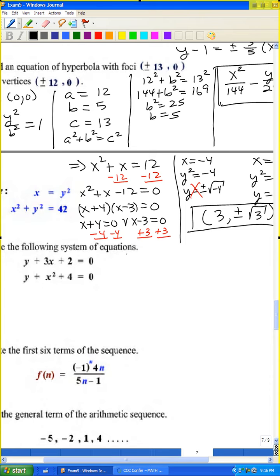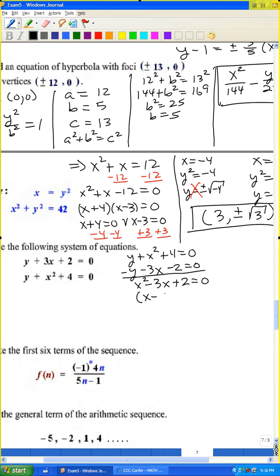So I have here y plus x squared plus 4 is 0. And then let me multiply the first equation by negative 1. So I have a negative y minus 3x minus 2 is 0. So if I add these, I get x squared minus 3x plus 2 is 0.